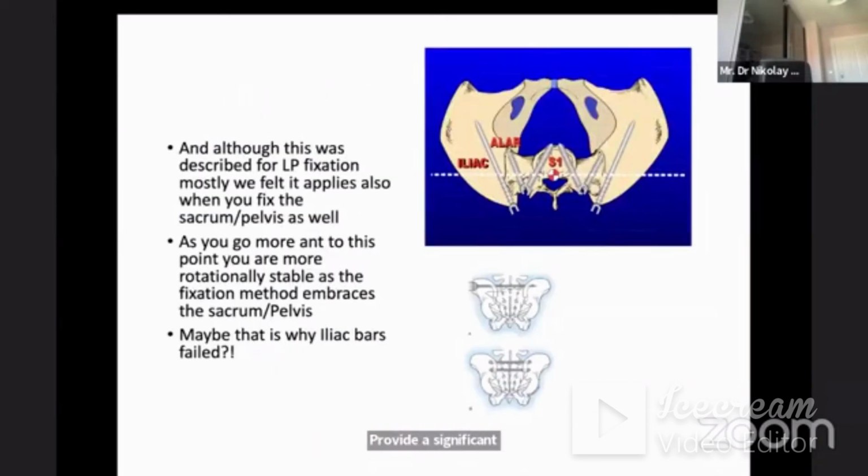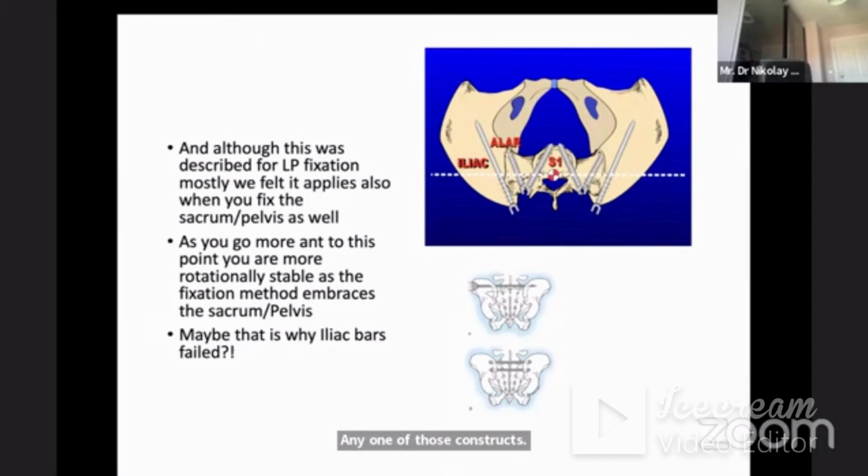And these are the fixation points that we are going to discuss. These are the iliac screws. These are some of the sacral screws, and our parameter here will be this is the pivot point and how much anterior any one of those constructs can pass related to the pivot point.